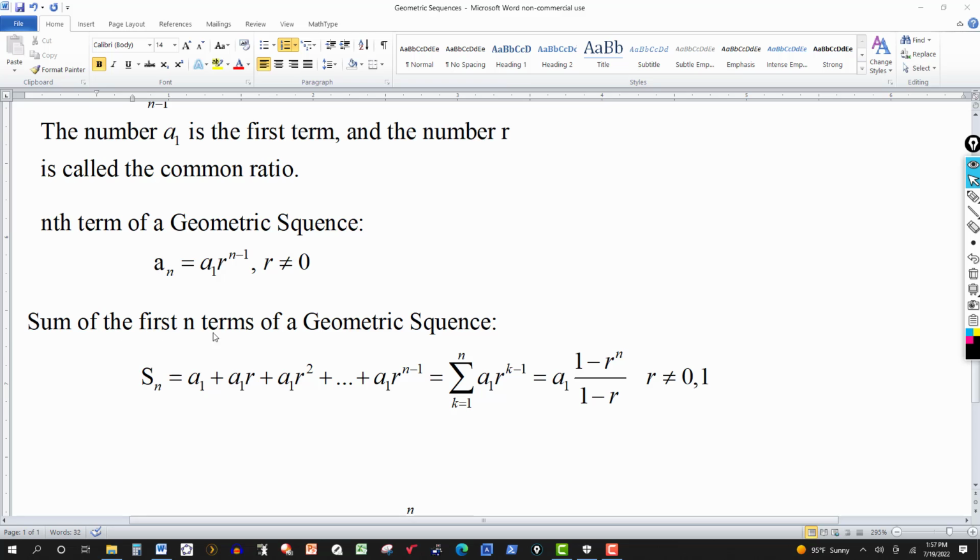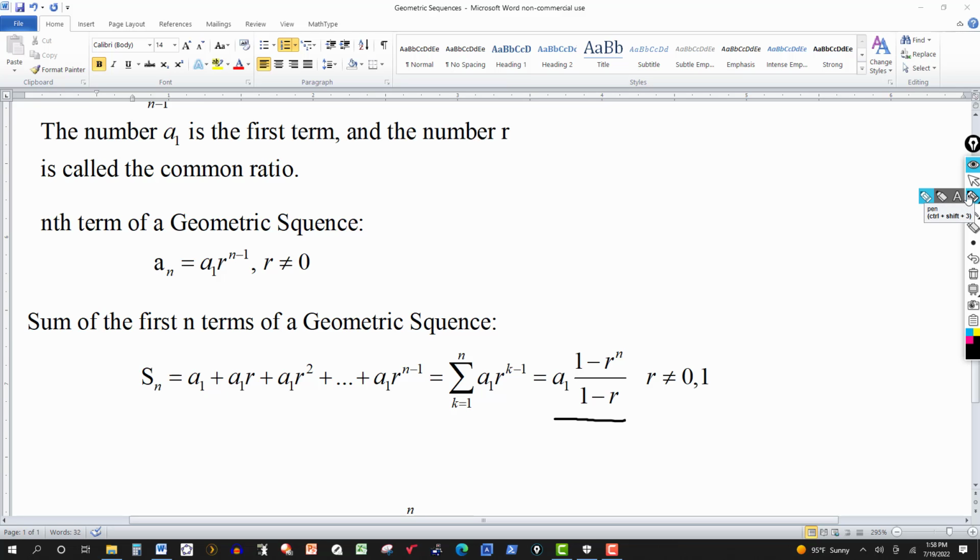And then you have a formula for the sum of the first n terms. You can denote it by a summation, k equals 1 to n of A1 times R to the k minus 1, which simplifies to this formula right here. R does not equal 0 or 1.